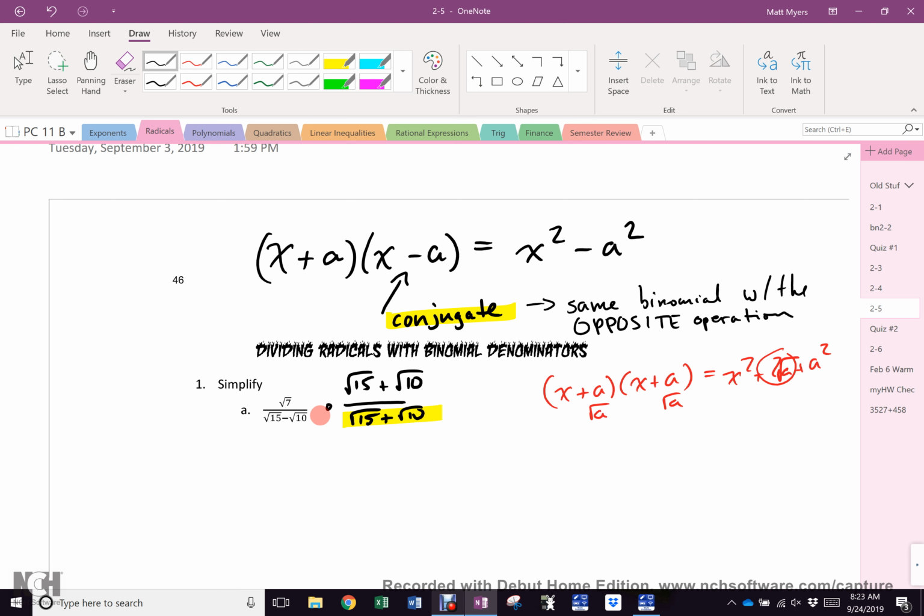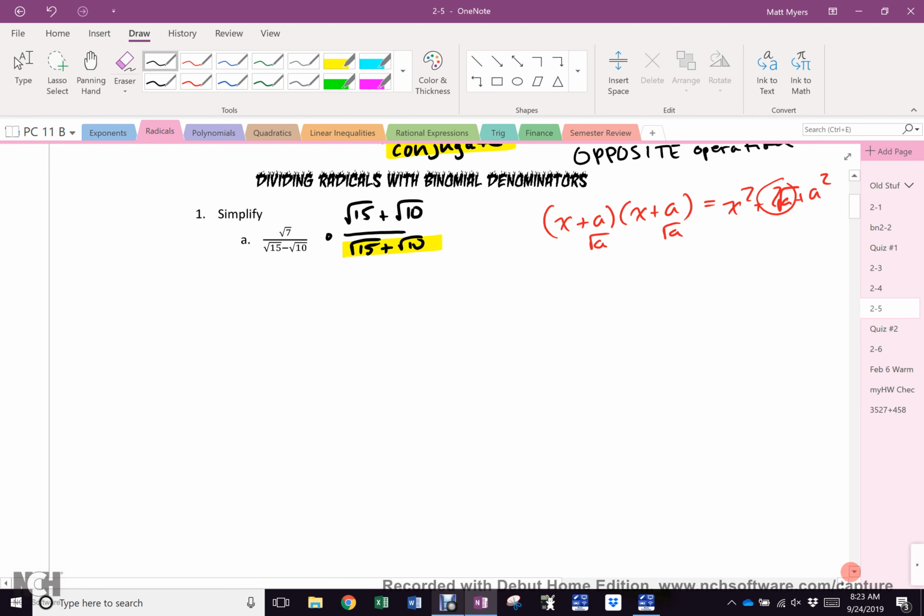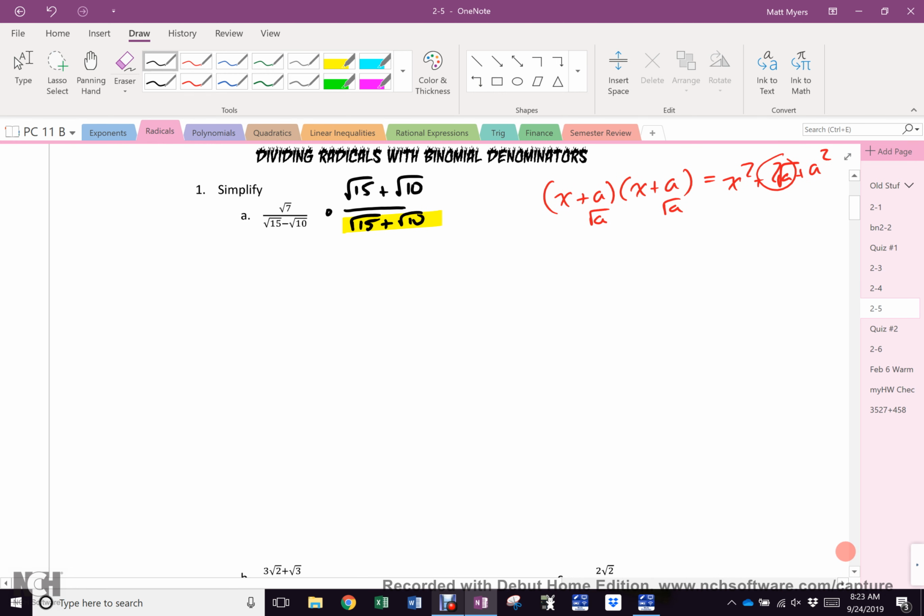Now, I, of course, am going to write it all out. You all know that root 15 times root 15 is 15, yes? But I am going to do my due diligence and write it all out. It's going to take up the whole space. You're not going to need that much space, but we're going to write it all out.